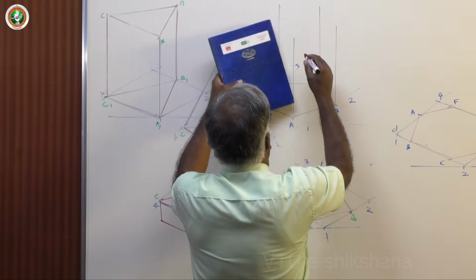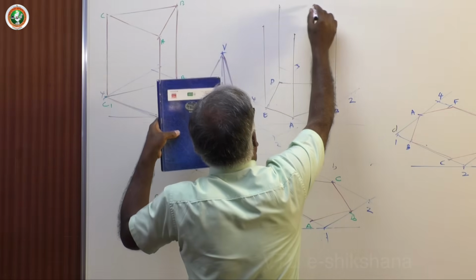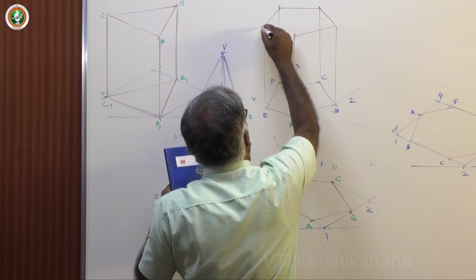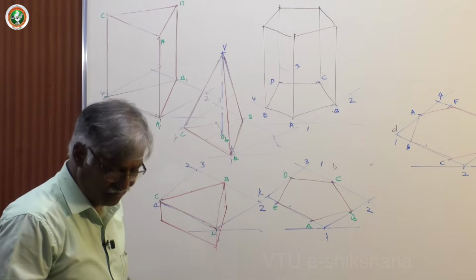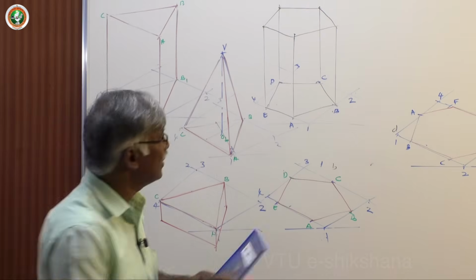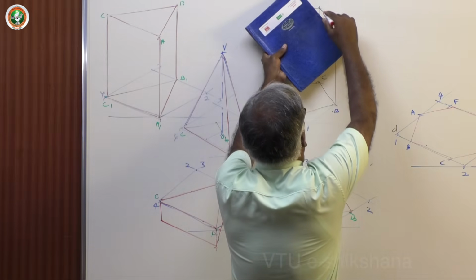Then I have taken 60 mm throughout, join them in order. You will get the pentagonal prism. The pentagonal prism is ready. Now, visibility: dark the top face edges, all top face edges are visible.